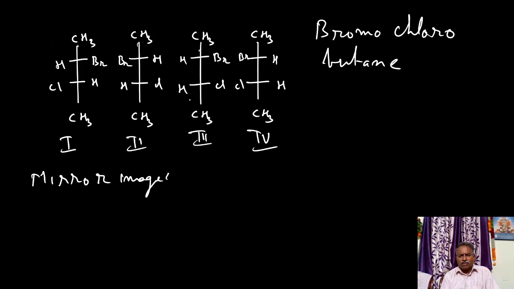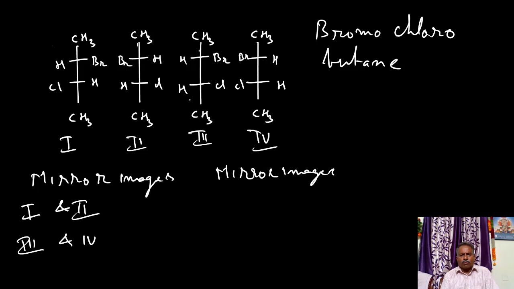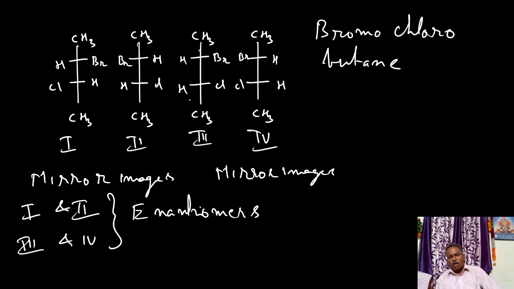Structures 3 and 4 are also mirror images. But they are non-superimposable. Therefore, structures 1 and 2, and 3 and 4 are enantiomers. They are enantiomers because they are non-superimposable mirror images.